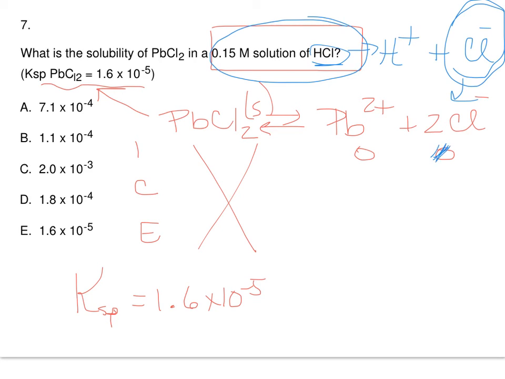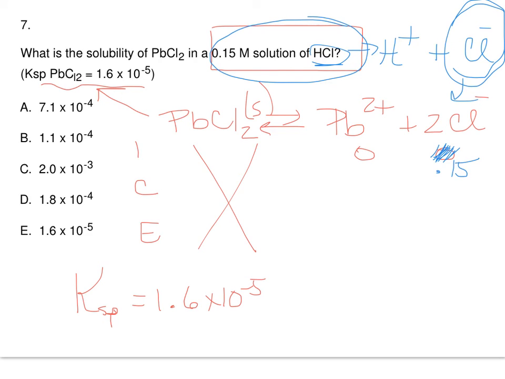So the beginning concentration of chloride ion is not 0. It is 0.15 molar. Okay, this is very similar, if you're in Chem 2 lab, to the Ksp lab when I think calcium chloride was the source of the common ion. But it's very similar to that problem.